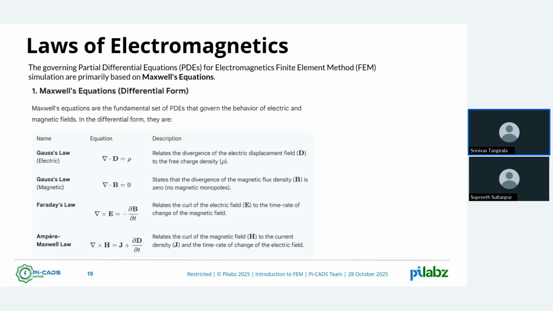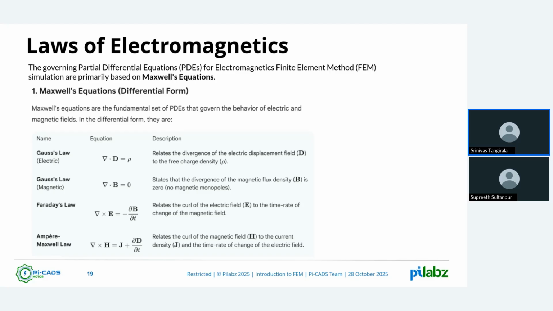And in Maxwell's Ampere's law, the rate of change of electric field produces the magnetic field. H is the magnetic field, and D is the displacement current. The electric charge is producing the electric field. So as you can see, both the electric field and the magnetic field are kind of coupled.